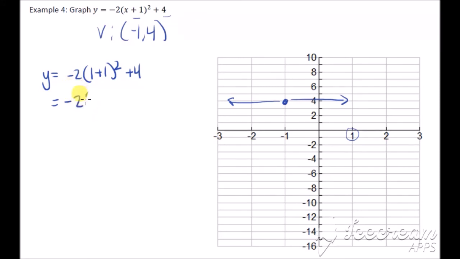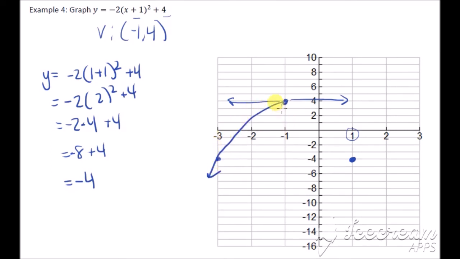So negative 2 times 2 squared plus 4, so negative 8 plus 4, which gives us negative 4. So at 1, we would plot negative 4, and at negative 3, we would also plot negative 4, and there is our parabola. And let's label it y equals negative 2(x plus 1) squared plus 4.